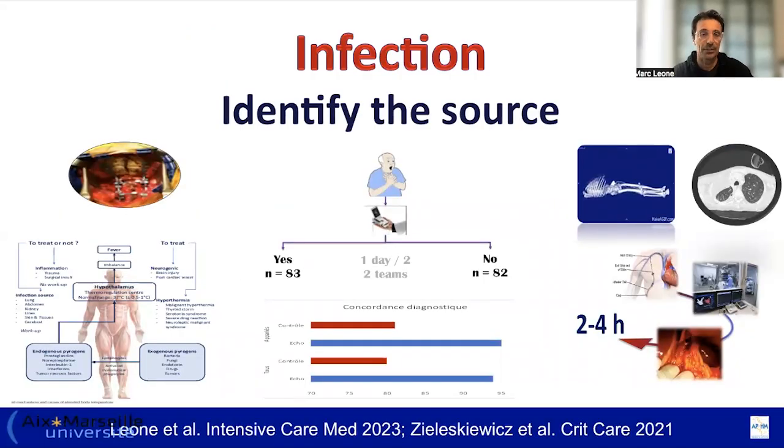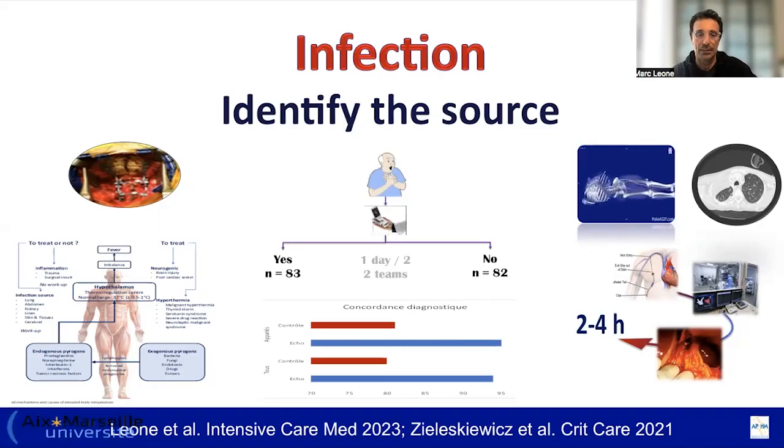Clinical examination is the key. In front of a patient with fever, you have to determine the source of infection, the source of fever. You have to remove the bandage to look at surgical site infections, for example. But we have to use modern tools to achieve this goal.